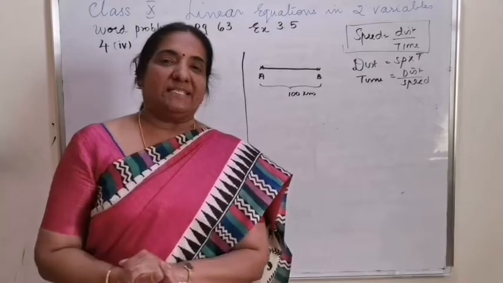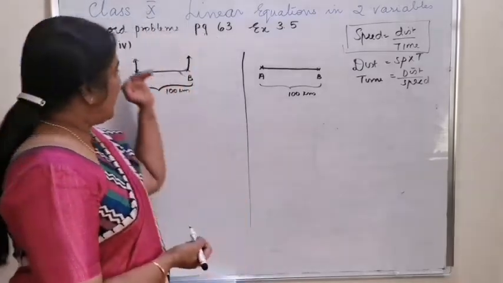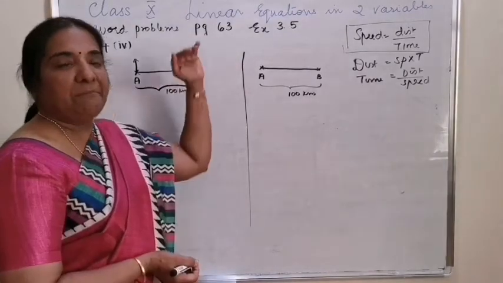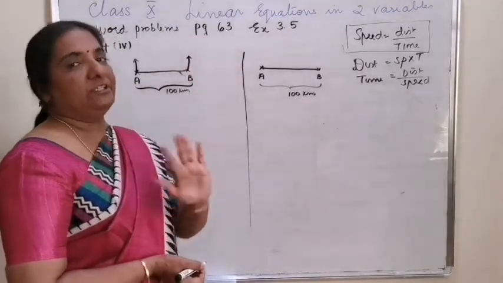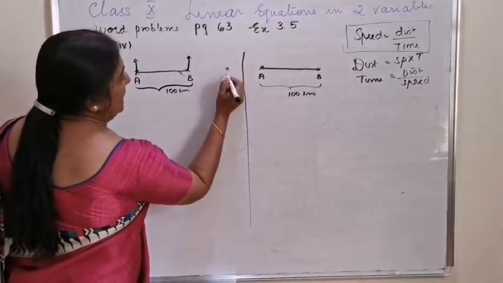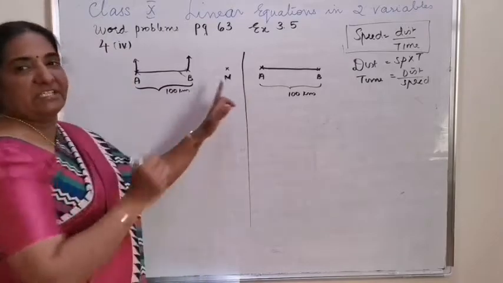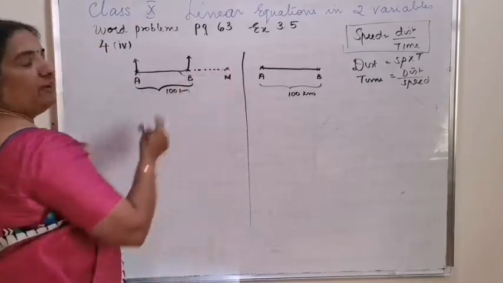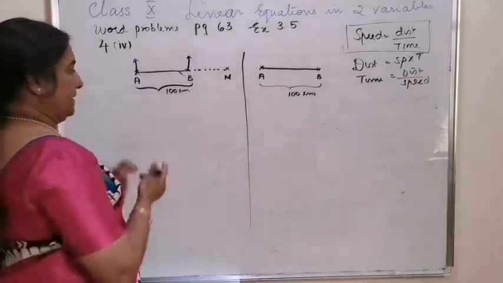The question says that they travel in the same direction and they meet at a point after 5 hours. Let's think that they are reaching the point M after 5 hours.